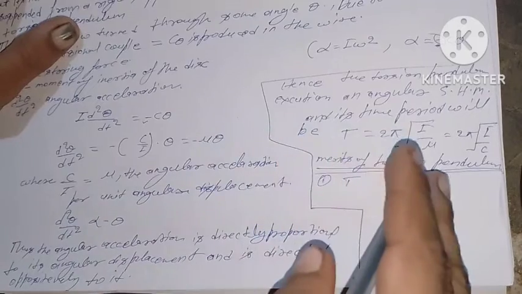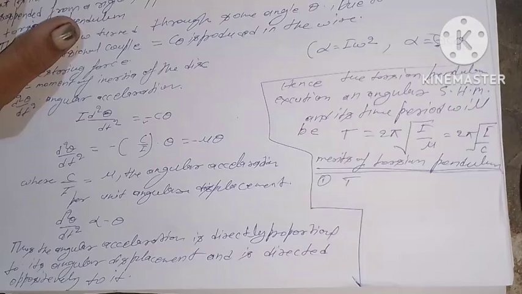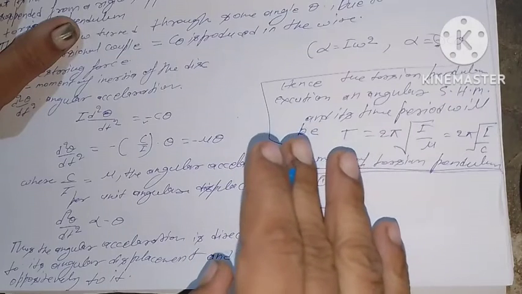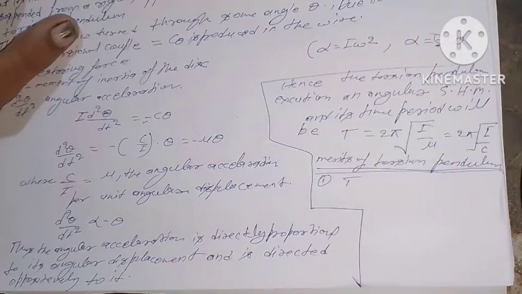Hence the time period of a torsional pendulum remains unaffected. Oscillation remains isochronous even if the amplitude is large.